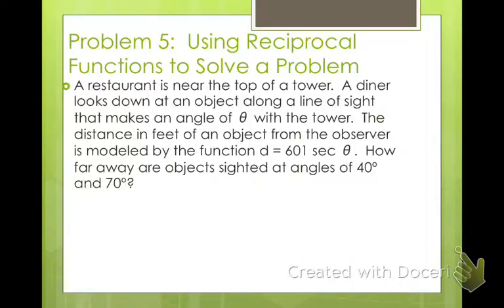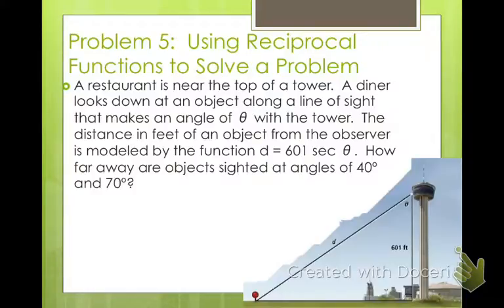Alright, we can use these for solving problems. A restaurant is near the top of a tower, and a diner looks down at an object along a line of sight that makes an angle of theta with the tower. So there's a picture. The distance in feet of an object from the observer is modeled by the function d equals 106 secant theta. How far away are objects sighted at angles of 40 degrees and 70 degrees?